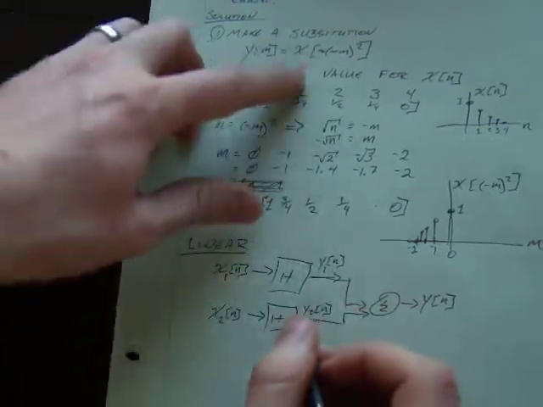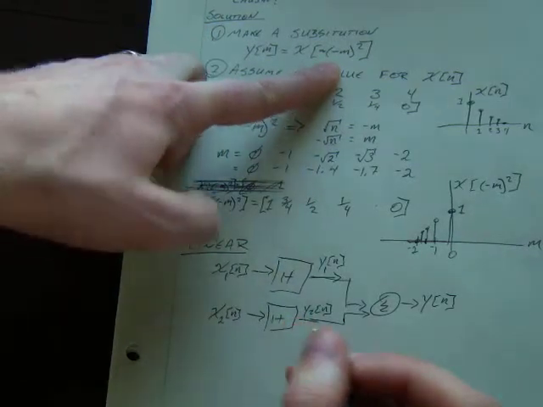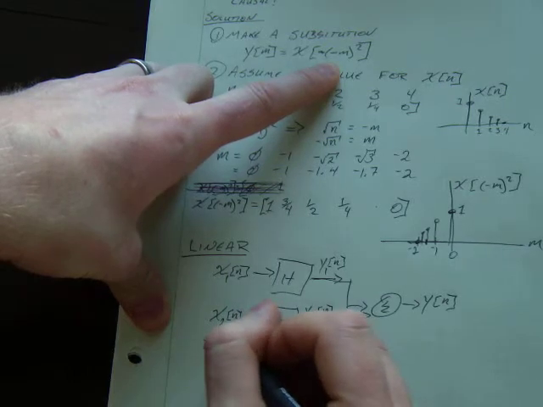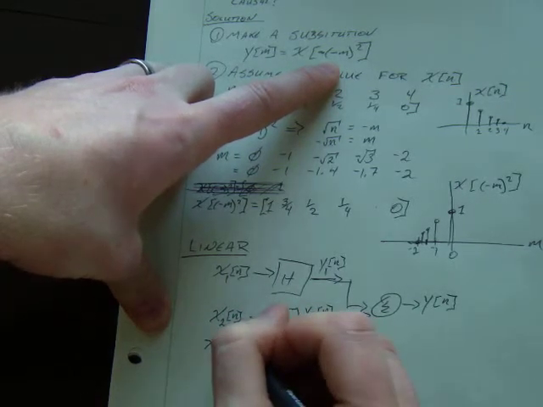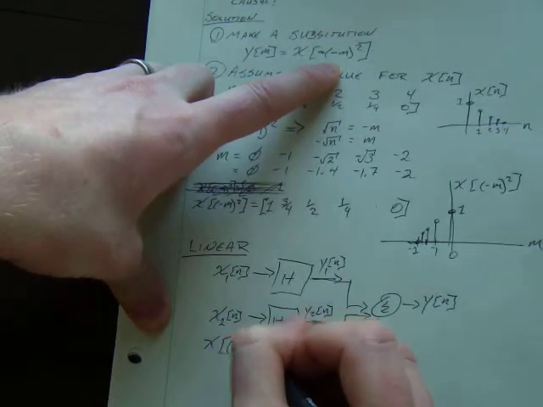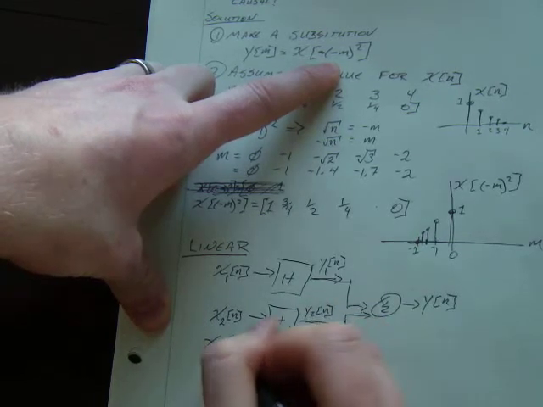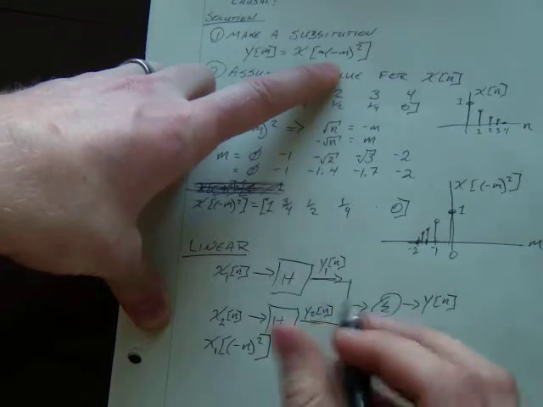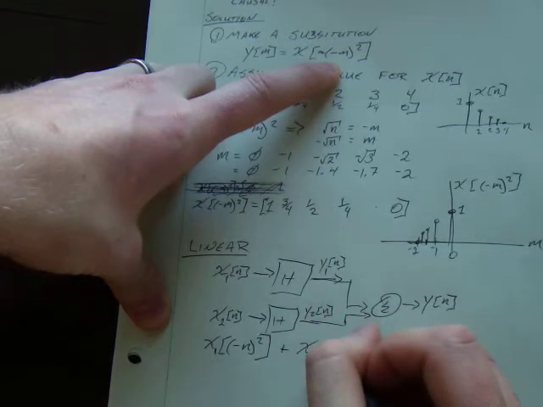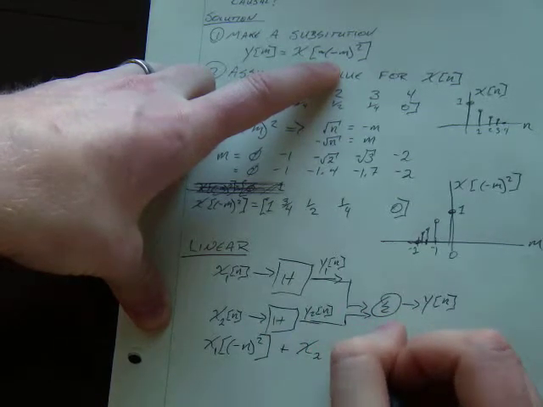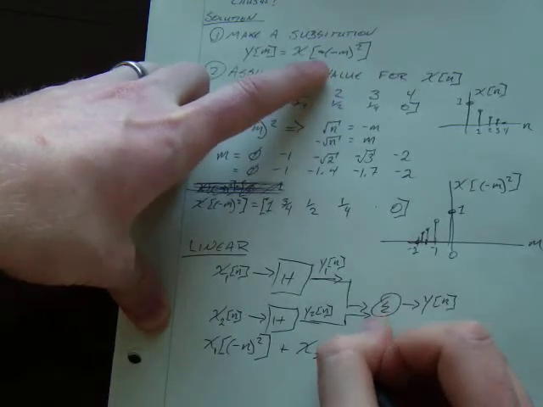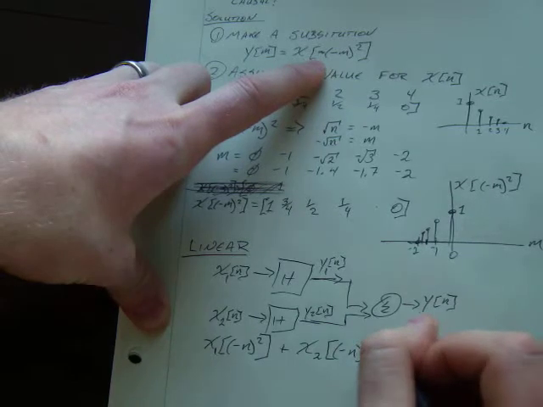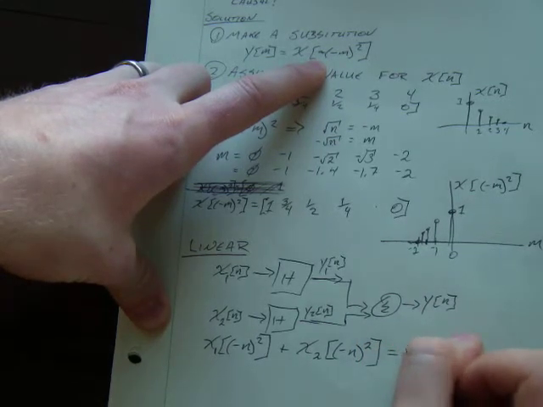Well, okay, so we know what the equation for y is, and so we can just plug in x1 of quantity minus n squared plus x2 of minus n squared is equal to y of n.